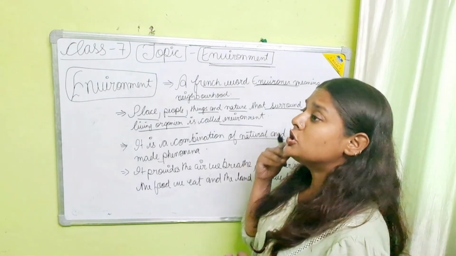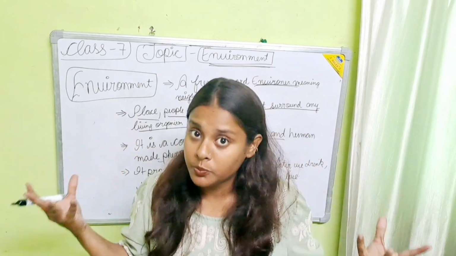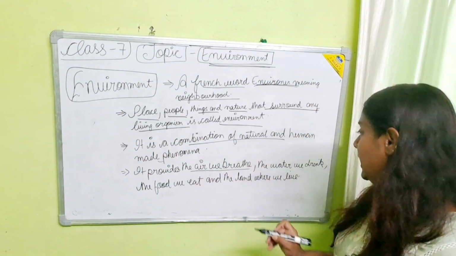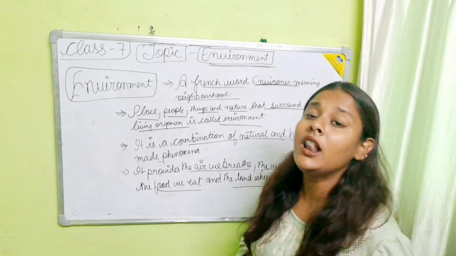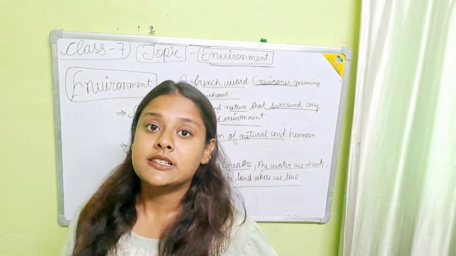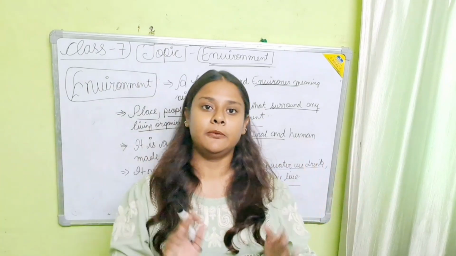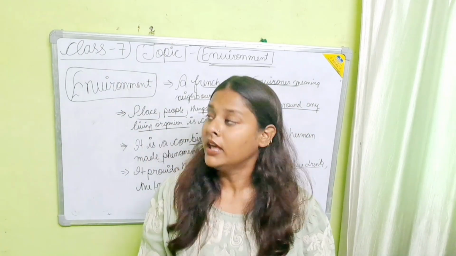To understand what environment means in the simplest form, it refers to the air we breathe, the water we drink, the food we eat and the land where we all live. All of this is termed as environment. Environment is a surrounding, that is neighborhood.